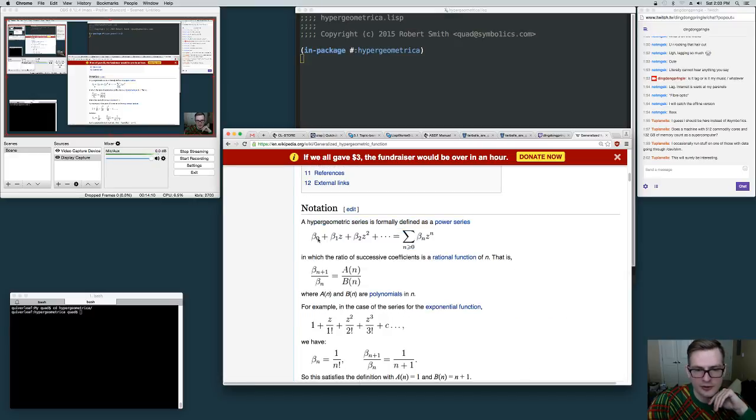So if we have a series beta 0 plus beta 1 z plus beta 2 z squared, and so on, we say that the function is hypergeometric if for any n, beta n plus 1 over beta n is some rational function, a of n over b of n, as long as it's a rational function in n. So since this is a rational function, then we can factorize the numerator and denominator.